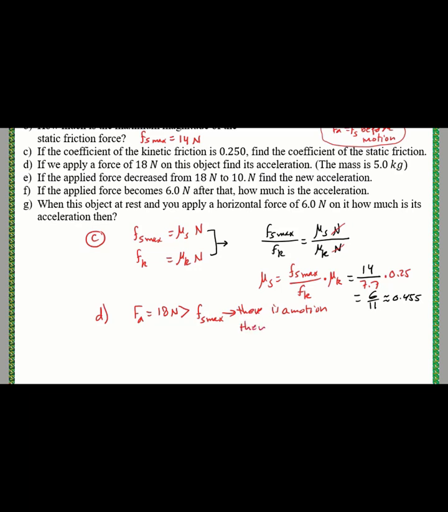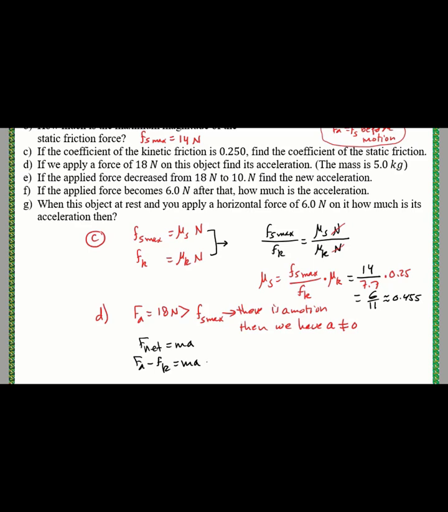Then we have acceleration not equal to 0. If Fa is less than Fs maximum, the acceleration should be 0, no motion. Now apply Newton's second law. F net equals ma. Fa minus Fk equals m times a.